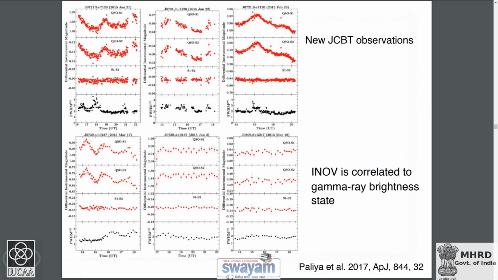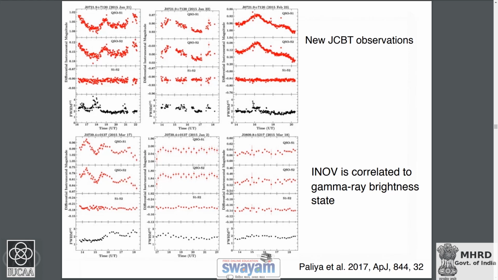The first panel is the differential light curve, that means you take the brightness of the quasar minus the brightness of a comparison star. The second panel is again the difference in the brightness of the quasar with respect to a second comparison star, and the third panel is the difference in the brightness of 2 comparison stars.